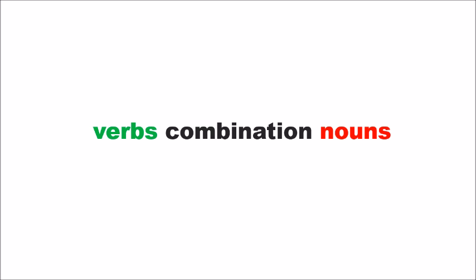Keeping this in mind, the first thing we need to recognise about clauses is the fact that they are a combination of verbs and nouns. And the reason for that is so that we can create something that makes sense, a unit of meaning. This is why we use clauses, to communicate meaning in our sentences.